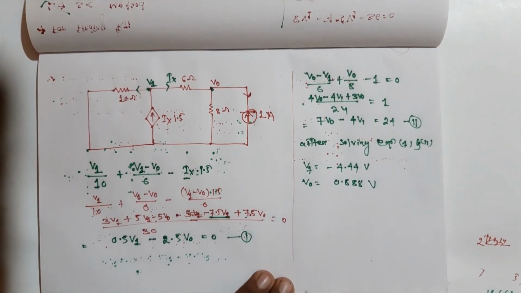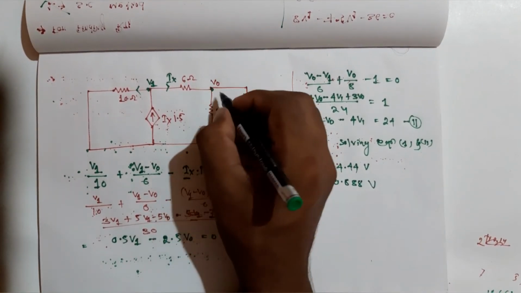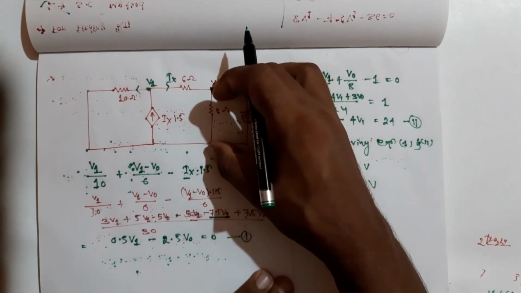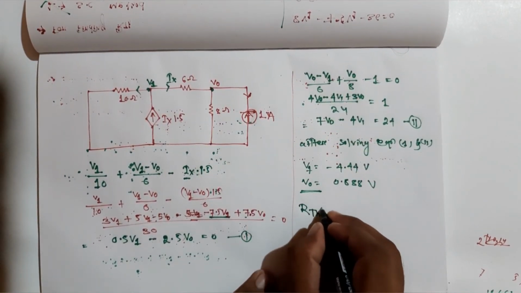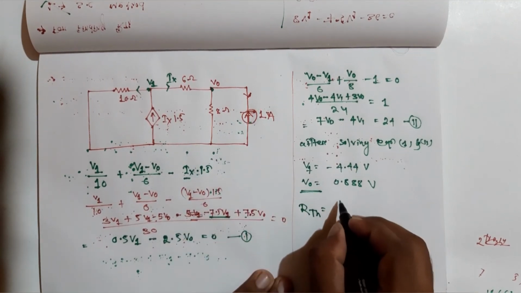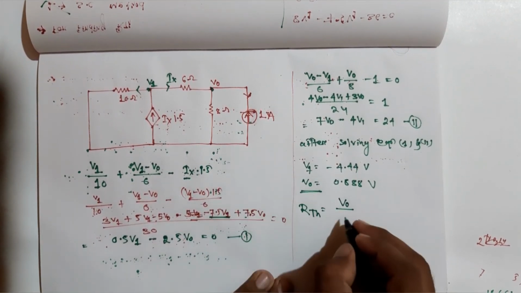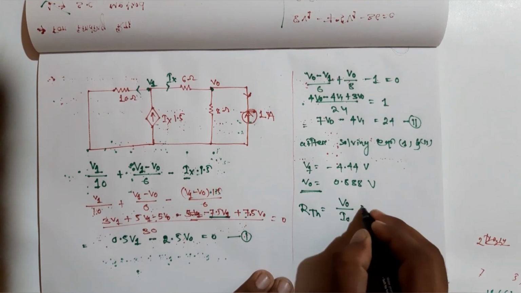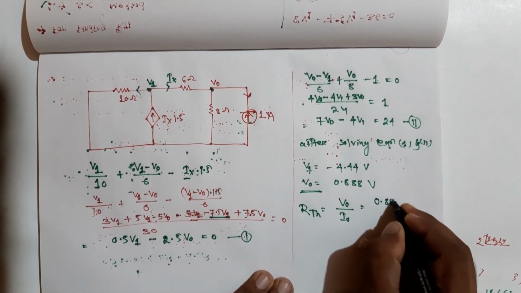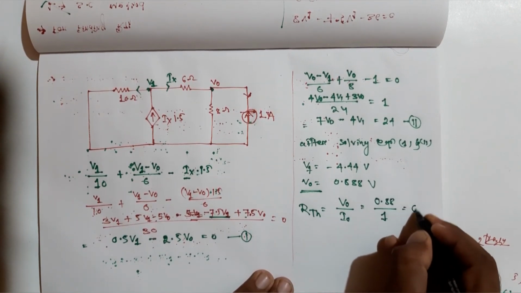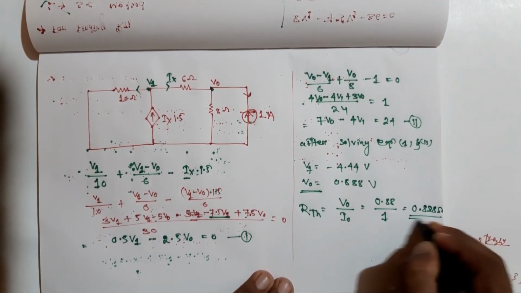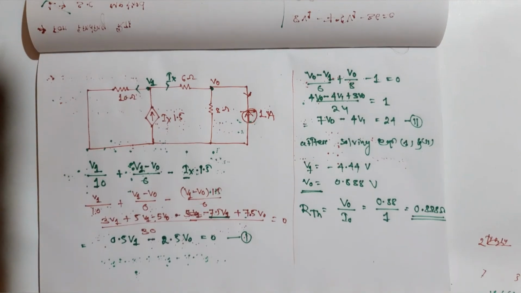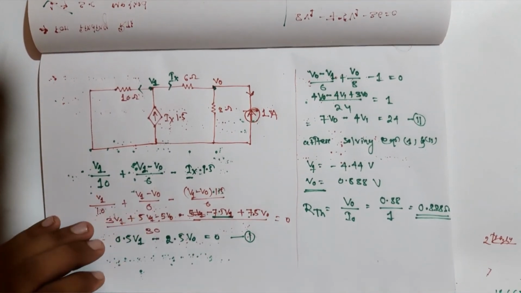This V0 is the voltage across the dummy current source. For finding RTH, it equals this voltage V0 divided by this dummy current I0. We put 0.88 divided by 1, so this is 0.88 ohm. This is our Thevenin's resistance.